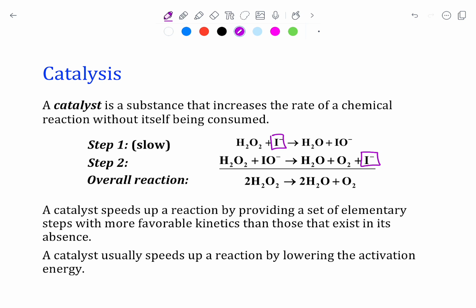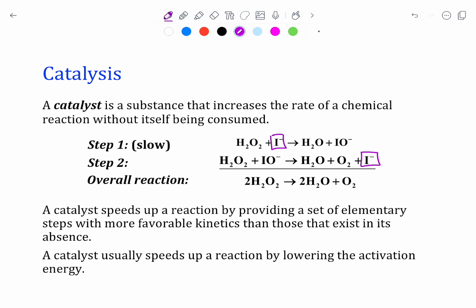It was utilized to create our product in our first reaction, but because it was then a product of the second reaction, we got out just as much as we gave in. So it was never actually consumed in the reaction, because for each molecule of iodide ion that we used, we got out another molecule. So we could see iodide ion as the catalyst because it is not being consumed and it is thus increasing the rate of the reaction overall.